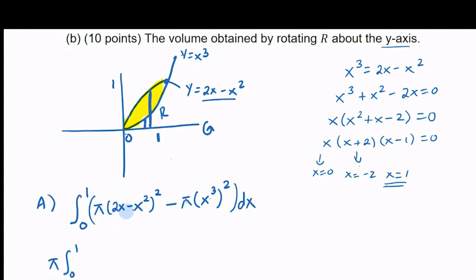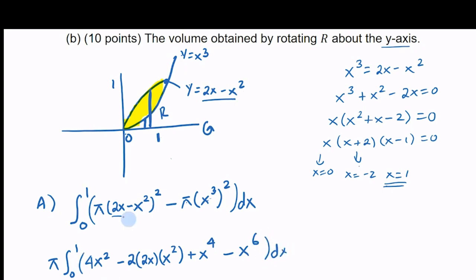So then you have 2x minus x squared, which we need to expand. So if we square this term, we're going to have 4x squared. Then 2 times this term times negative x squared, which is already taken into account because of this negative here, plus this term squared, which would become x to the 4, minus x cubed to the power of 2, which is really just x to the 6.